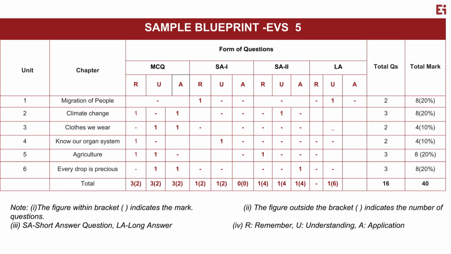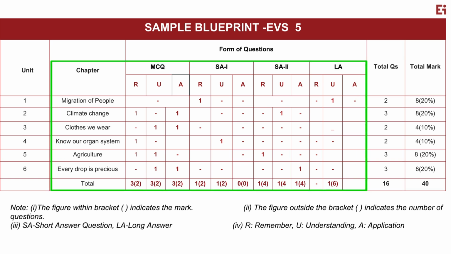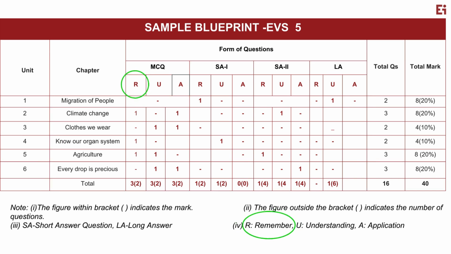Here is another example of a detailed test blueprint that will capture additional information like how many questions will be in the multiple choice section or constructed response question format, such as short answer and long answer type, and marks allocated for each question type and chapter. This can be further detailed to highlight skills like R for remembering, U for understanding, and A for application under each question type.